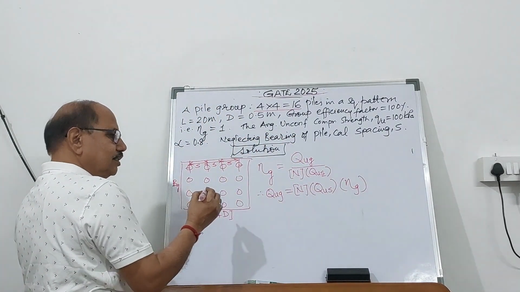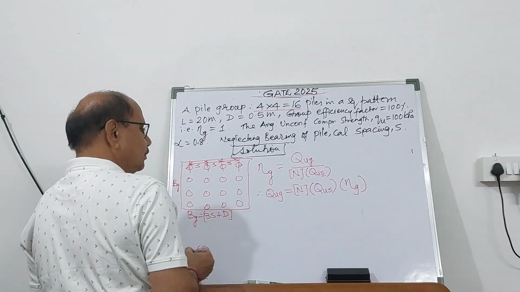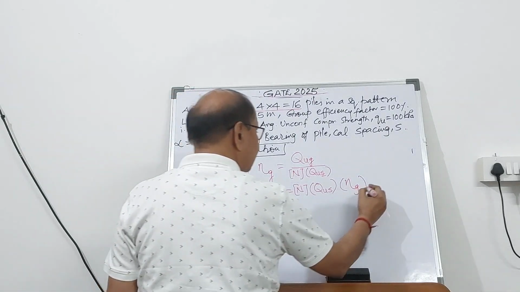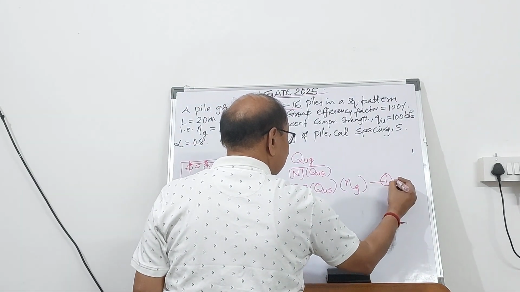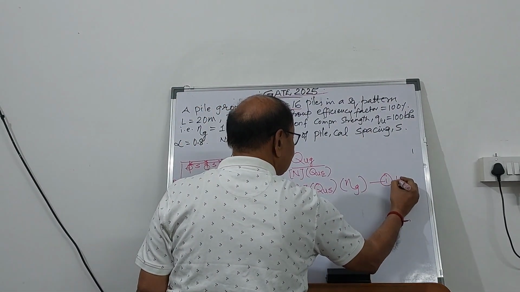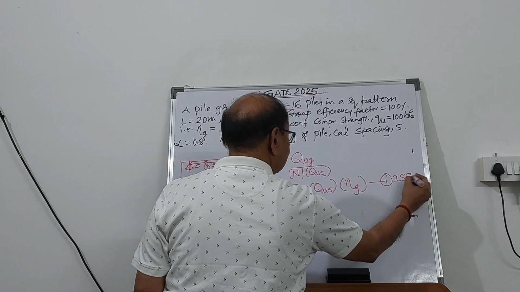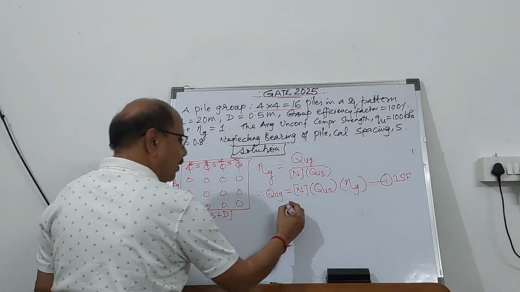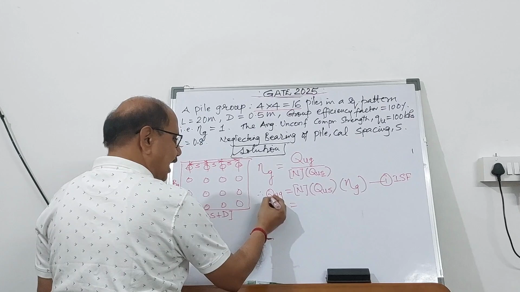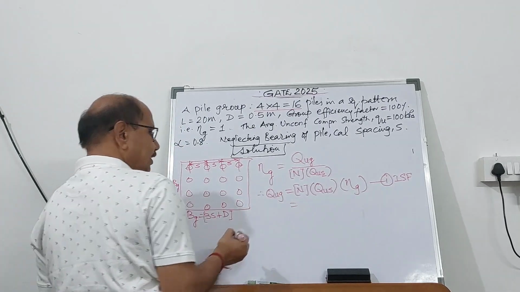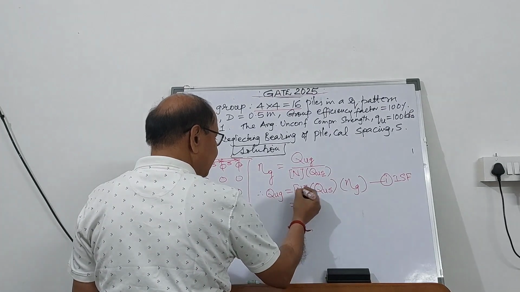This is based on individual shear failure. I have already explained this based on ISF. Now you can calculate QUG based on this.